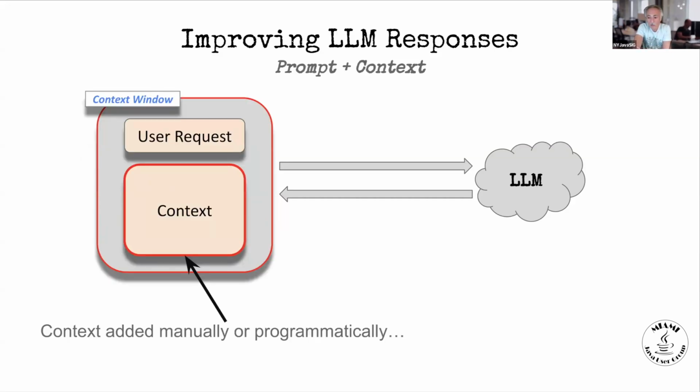We can copy paste something into the prompt, or if we're writing a Java program, add this file or these files into the prompt, then send it to the language model. So it's prompt and context. The downside of this is that there could be stuff in the file or in the collection of files that aren't related. It's just useless information. But this is one way of doing it.